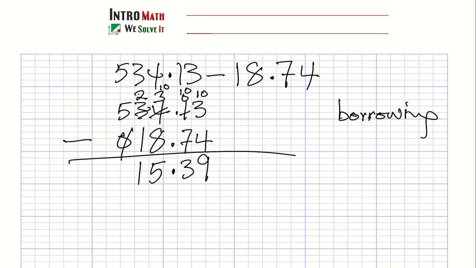That's the solution right there. So borrowing is the same idea here. I chose that problem to show you that borrowing with decimals is the same thing as borrowing in whole numbers.